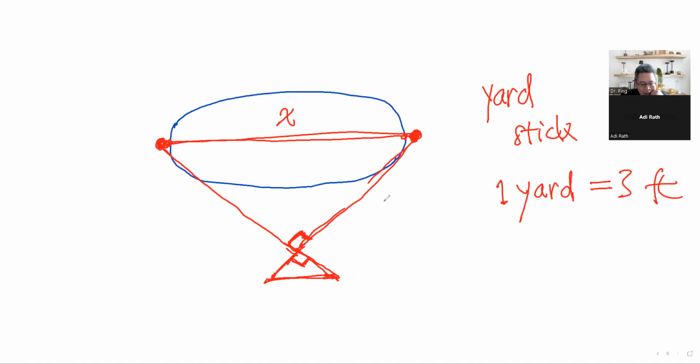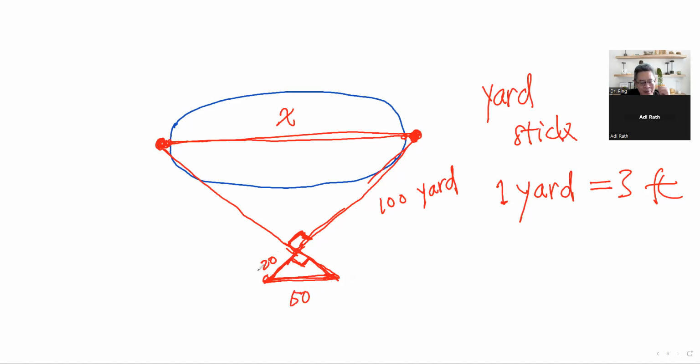So let's say we measure 100 yards. Then for those 2 little triangles, we measure this one is about, say, 20 yards. Oh, it's not drawn to scale. And we also know this one is, let's say, 50 yards.